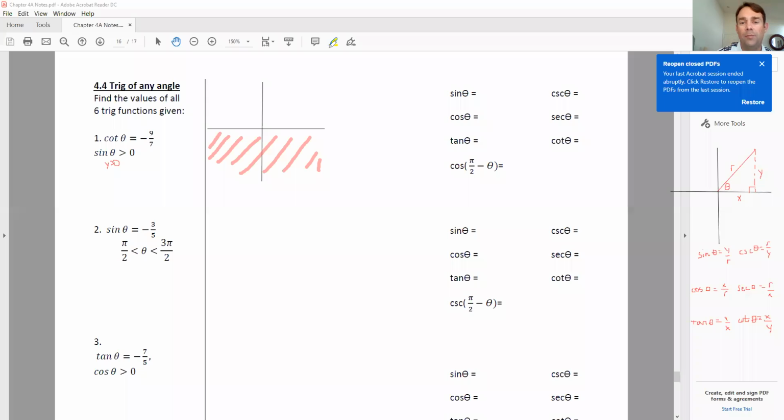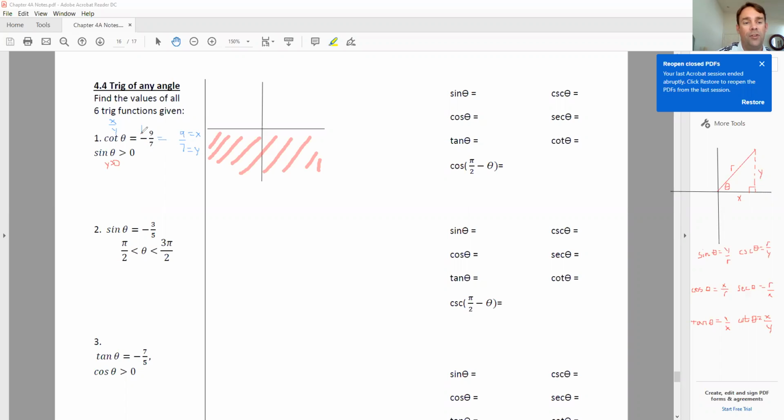So next up, we take a look at it here. Cotangent is the same thing as x over y. So if I'm breaking this up, 9 and 7, my x would be my 9 value, and the y would be my 7 value.